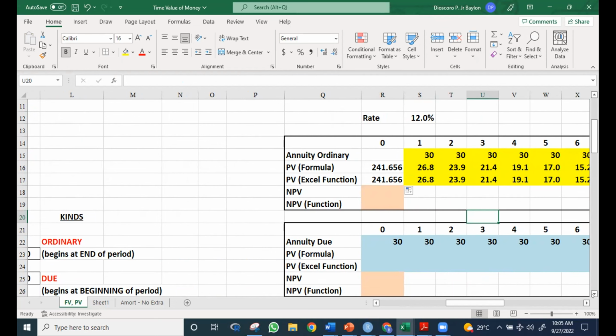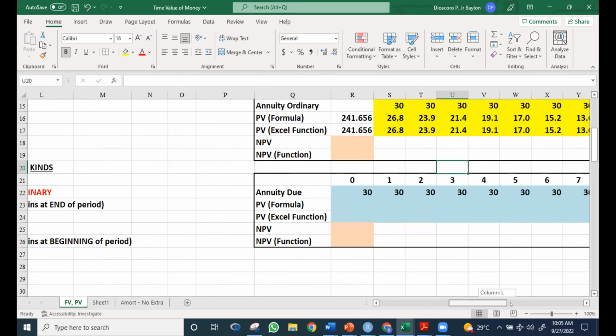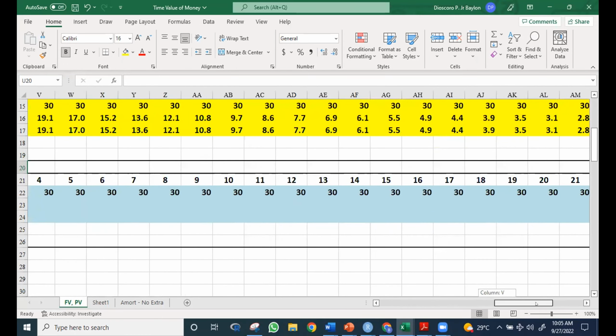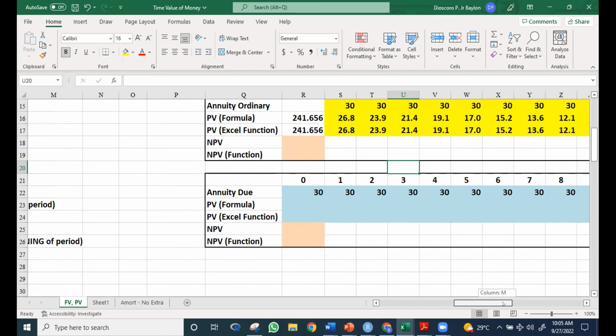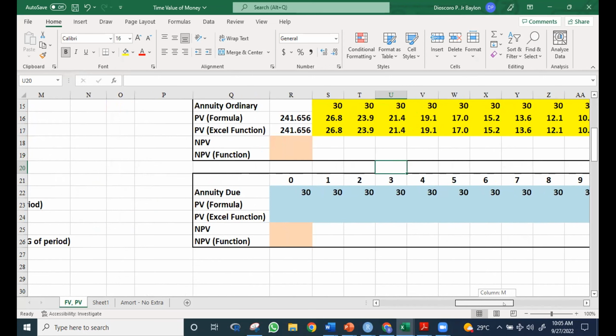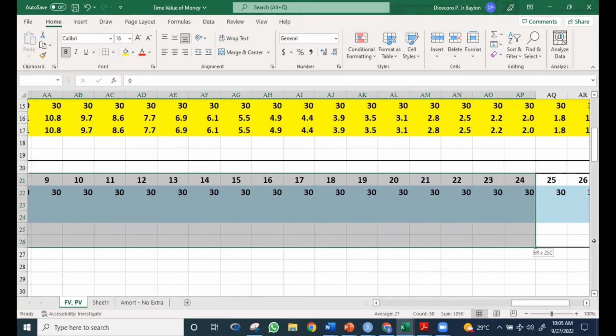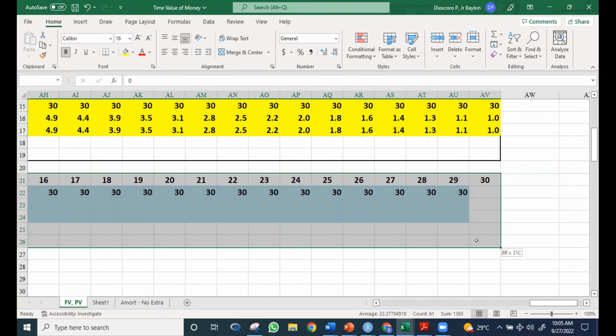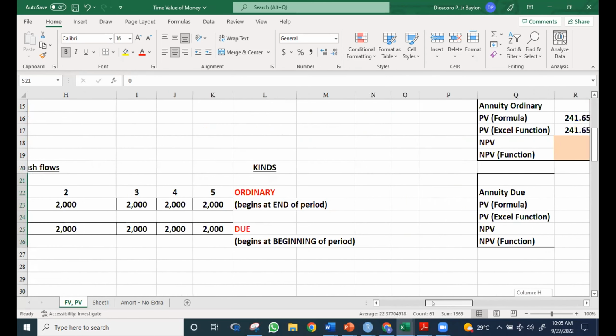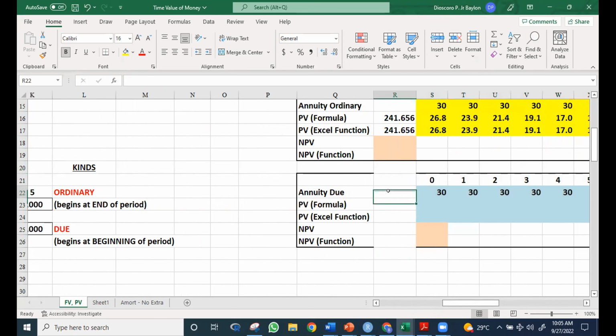All right, now quickly here, how about for an annuity ordinary? For an annuity ordinary, so the Excel formula, if we're going to get the, okay, I think we should introduce one. Let me move this. And I'm introducing one because we have to sum this up.